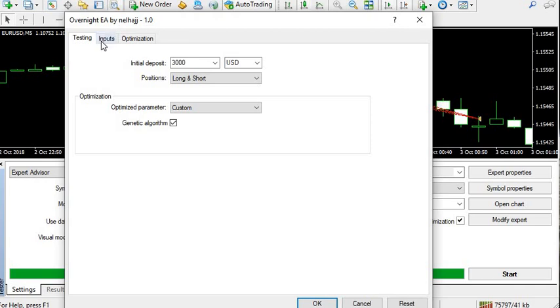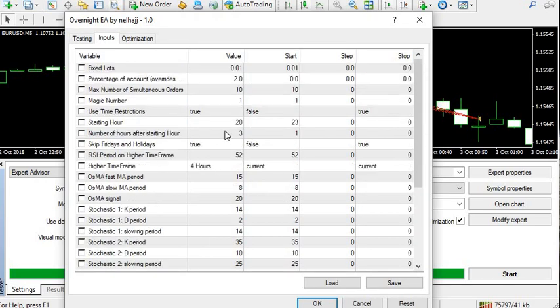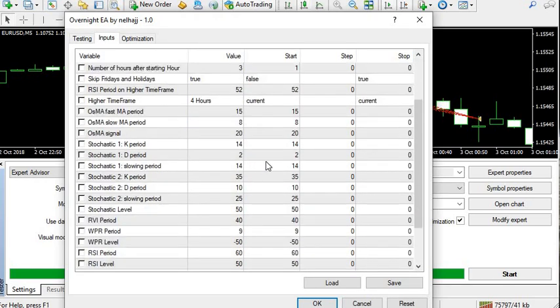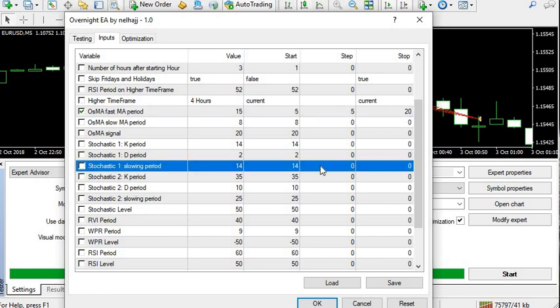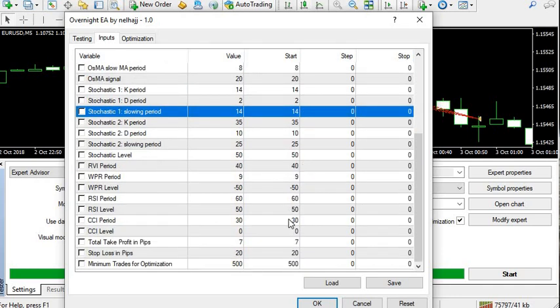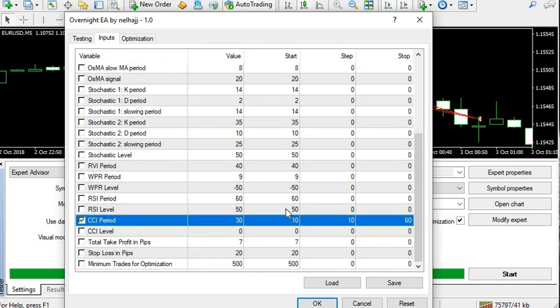Okay, let's put in some random optimization tests. So suppose here it starts at 5, goes in steps of 5 till it reaches 20.